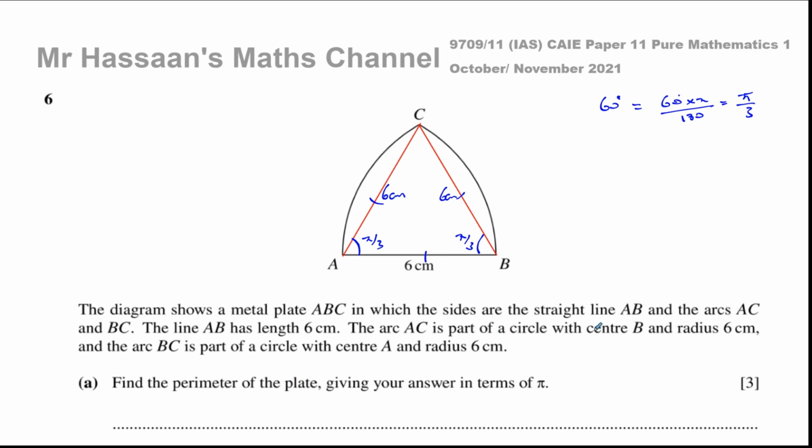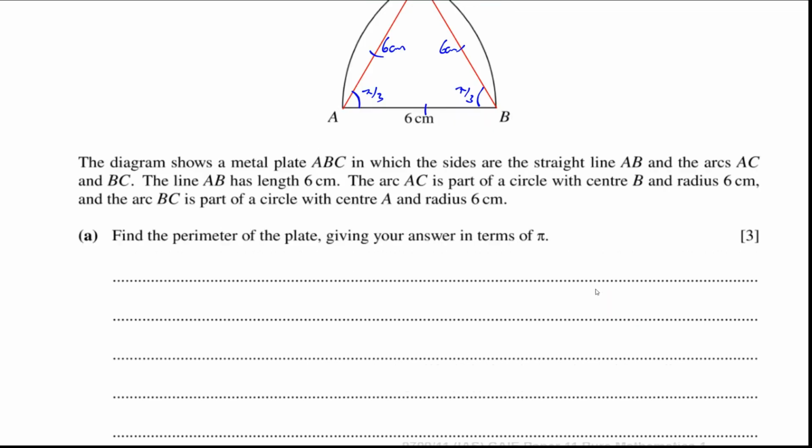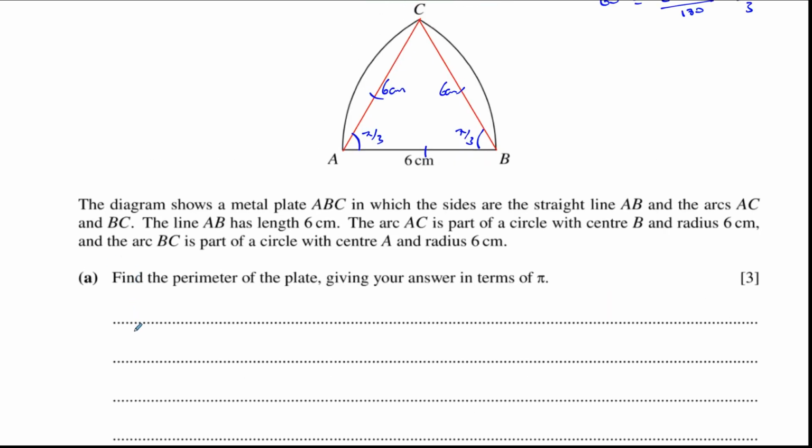So the perimeter of the plate will simply be the length of AB, plus the length of the arc AC, plus the length of the arc BC.